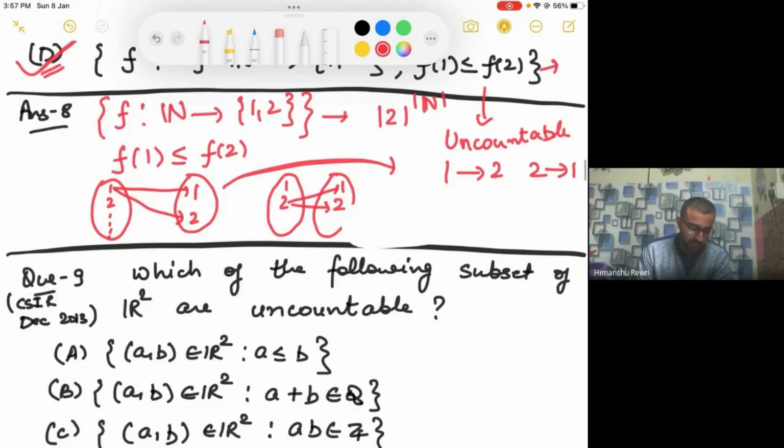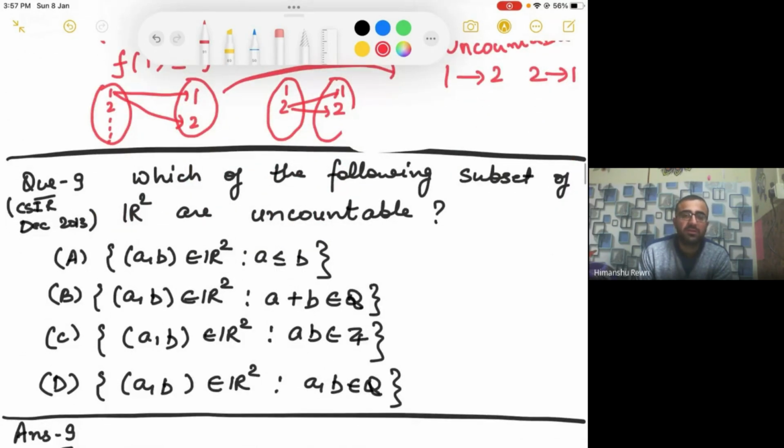Okay, so let's go to question number 9. Question number 9 says: which of the following subsets of R square are uncountable? The first set is the pair (a, b) belongs to R square such that a is less than or equal to b.